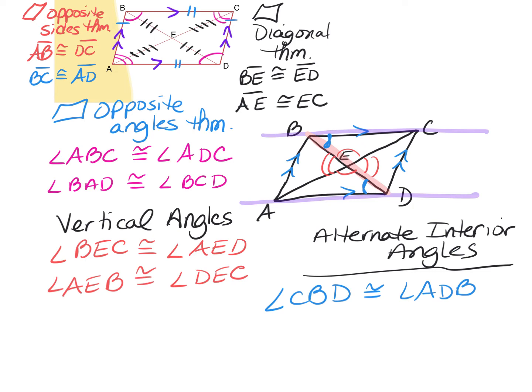Now I'm going to still use the same purple parallels, but now I'm going to use AC as a transversal. So now my transversal will be AC. Let me get a different color here.